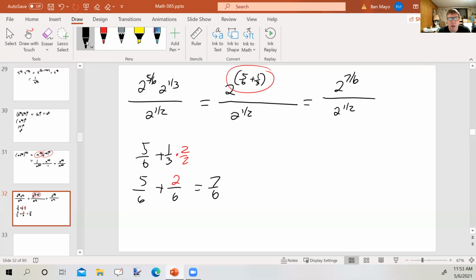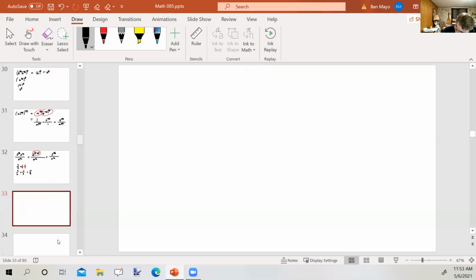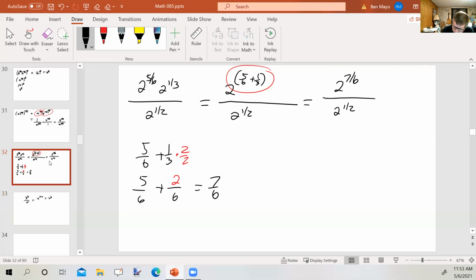Multiplying two powers with the same base, you add the exponents. Dividing two powers with the same base, you subtract the bottom exponent from the top exponent. So for instance, let's say I've got x to the 5th over x squared. That becomes x to the 5 minus 2 power, or x cubed. So now this is going to be 2 to the 7/6 minus a half power.